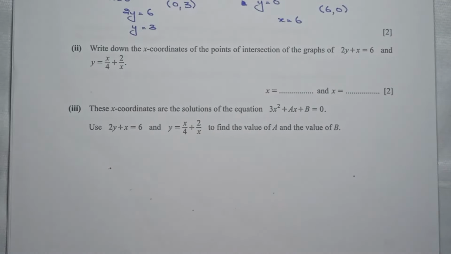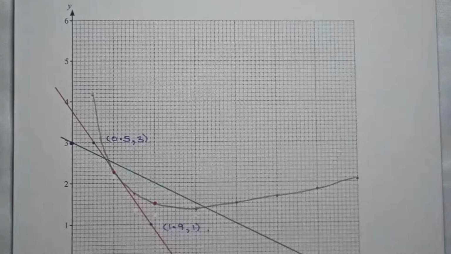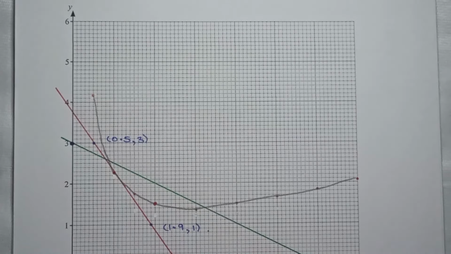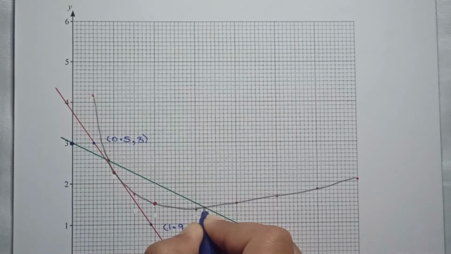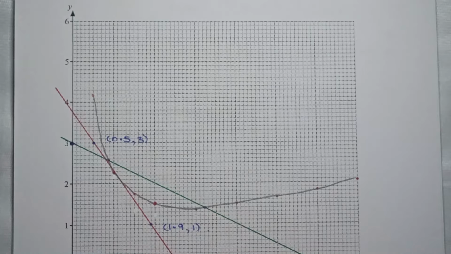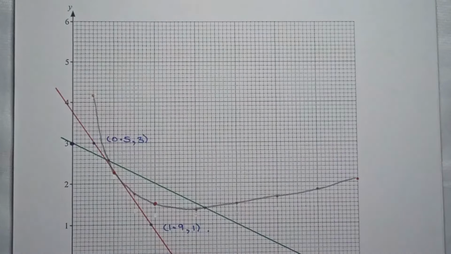Now for the second part, write down the x coordinates of the points of intersection of the graph of the line and the curve. So this green line touches the curve at this point and at this point. We need to find just the x coordinates, right? Yes, that's the x coordinates.